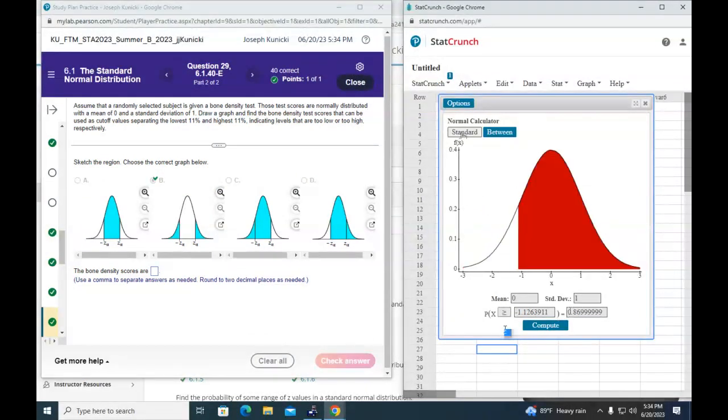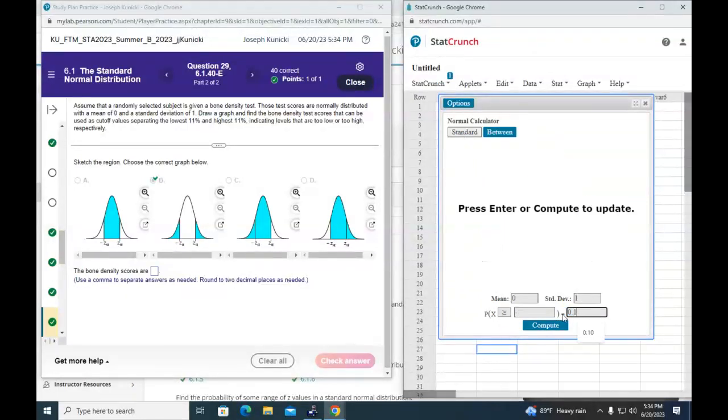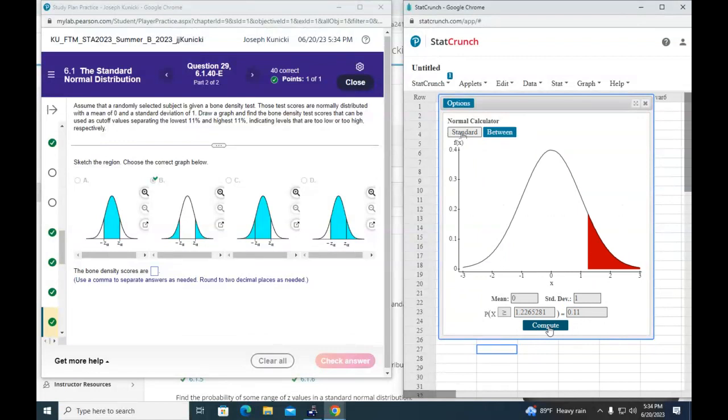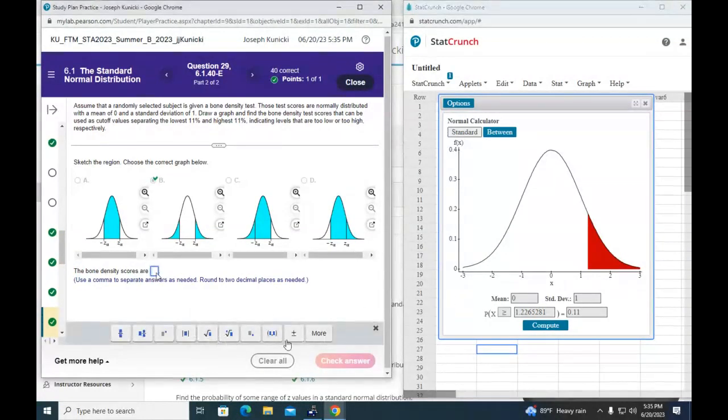We put 11% in the upper, so we put 11% up here. So it's 1.23. So what do you suppose the number on the other side is? Negative 1.23. So what you do is you just go plus or minus 1.23 because it's symmetrical.